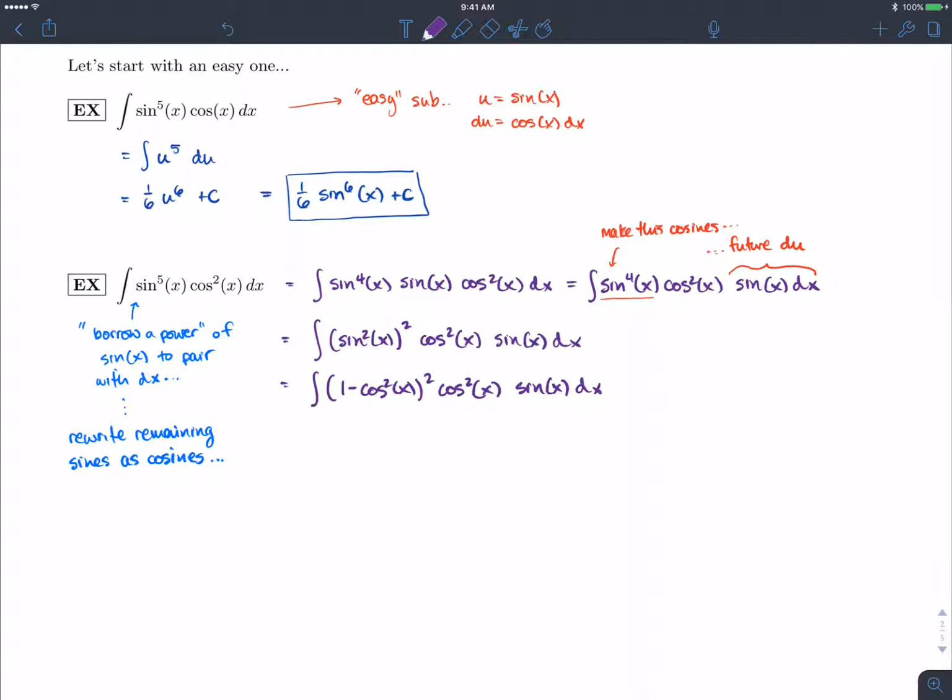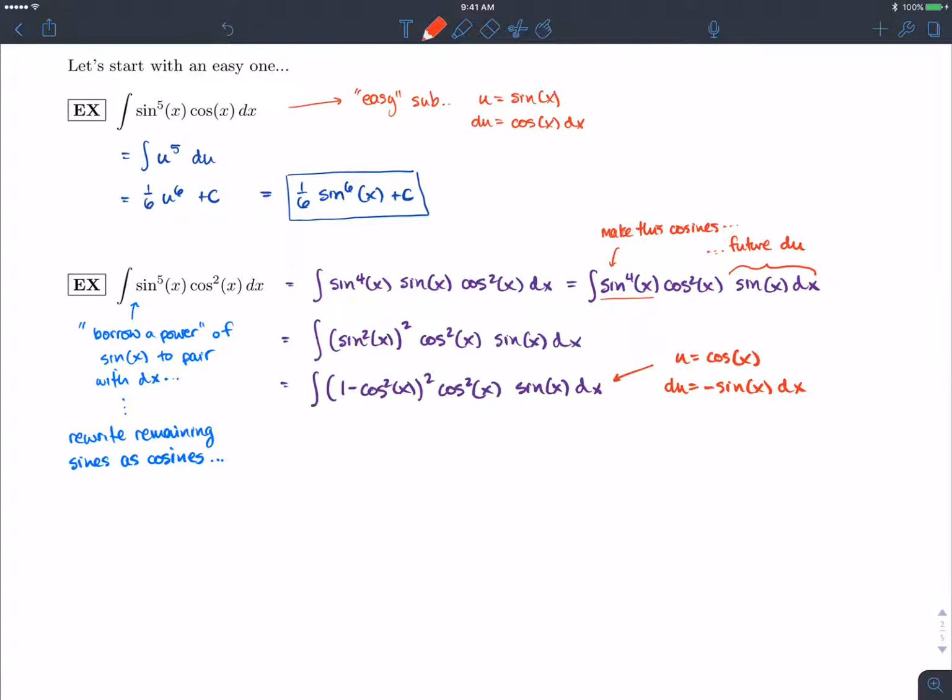So notice what we can do now. We can let u be cosine, and that's going to wipe out all of the x's, and we're going to get everything in terms of u and du. So let's go ahead and do that now. We already kind of knew that our du is going to have to be sine of x dx, and now letting u be cosine is going to get us there. So our du is going to be negative sine of x dx.